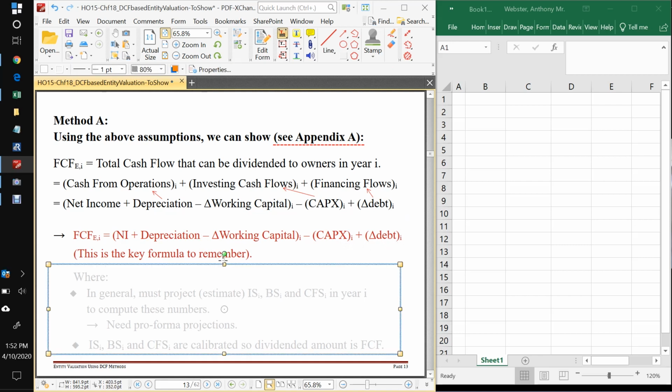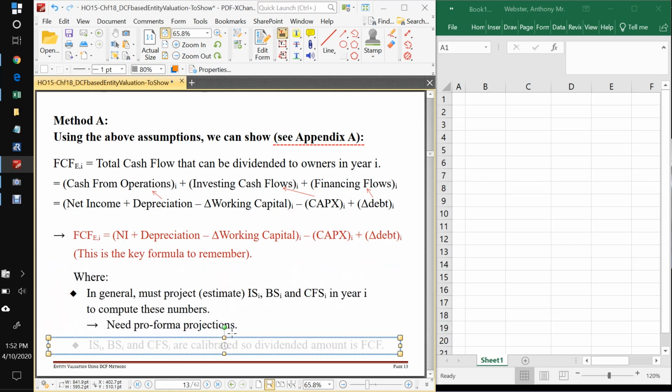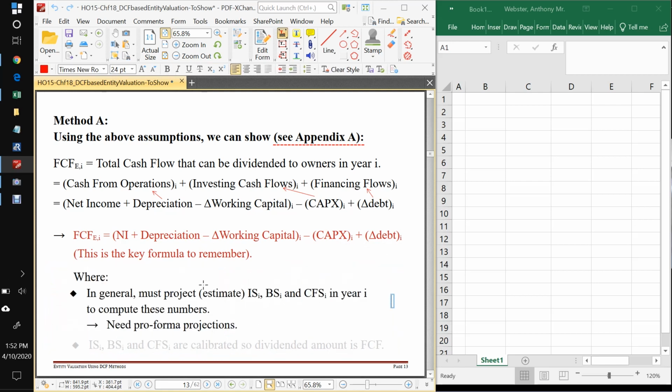And a few more things to say about this is if year I is in the future, which is what it's going to be usually, to get this free cash flow, we're going to have to do what? We're going to have to project an income statement. That's how we're going to get our net income projection. We're going to have to project a balance sheet.